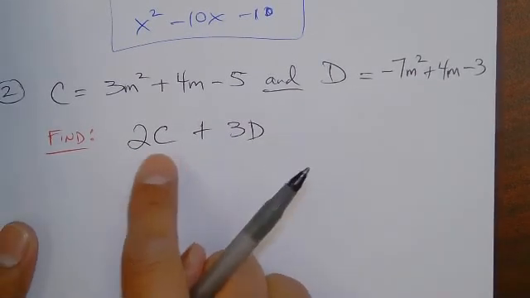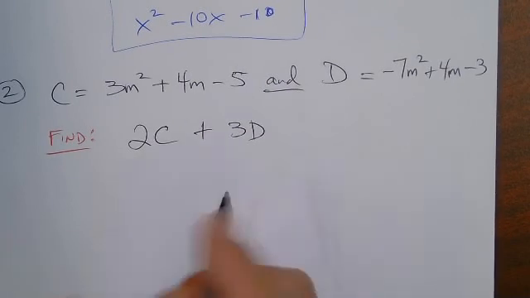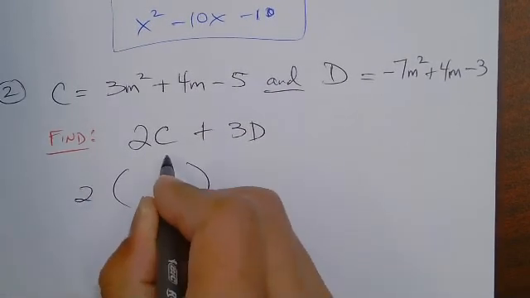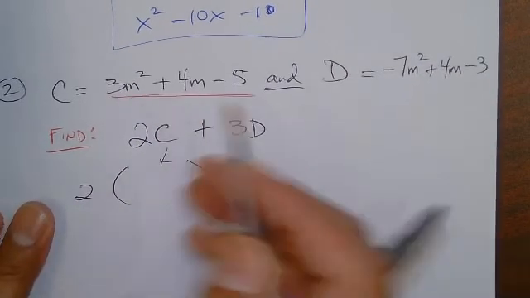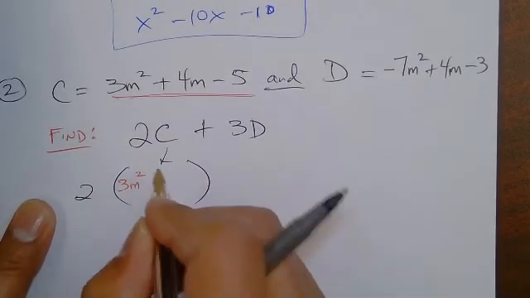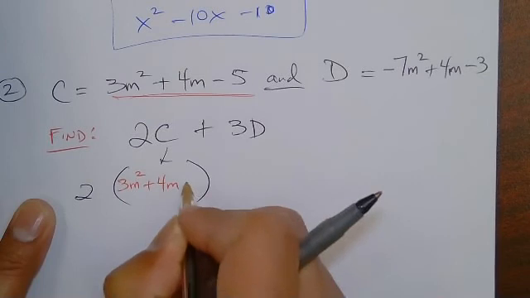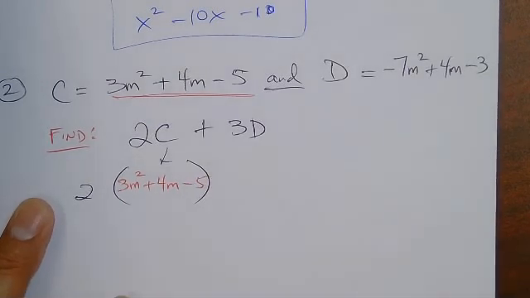Anybody know what to do here? So I got to do what? What does this mean? 2c. 2 times, multiply, and I got to put here the polynomial for c.